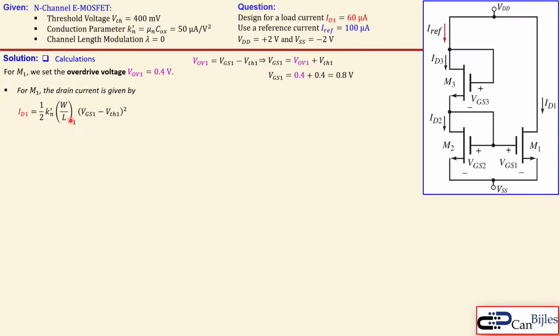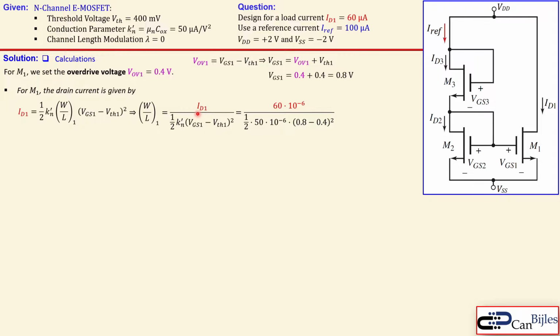Now we know that we have the K_n prime. We also know the VGS1 because we have selected our overdrive, and we also have the threshold voltage, so we can rewrite this in order to solve for the W over L for the first transistor M1. Now ID1 must be 60 microamps. We just substitute all the other parameters also.